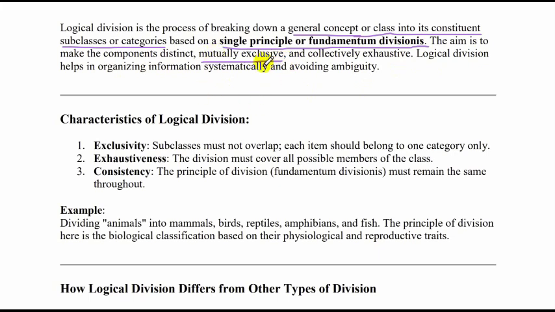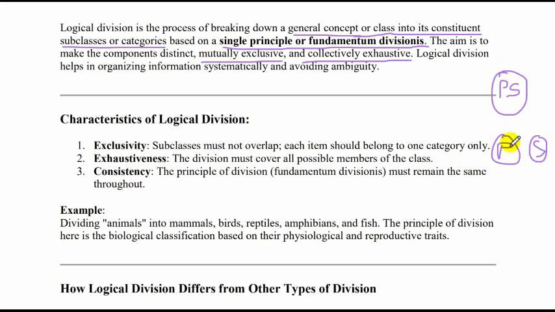That is, each class should exclude all other members of other classes, and it should be collectively exhaustive, meaning it should contain all members of the broad category into its division. For example, as I showed earlier, so we had P and S here. So P contains all P's and S contains all S separately.